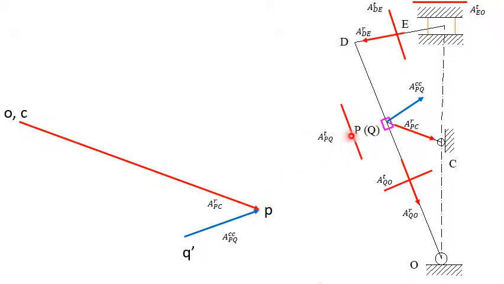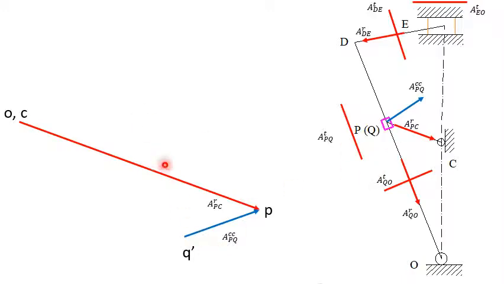So coming to the tangential acceleration of PQ. Here this tangential acceleration of PQ is tangent to the Coriolis component. Please try to understand, this tangential acceleration of PQ is perpendicular to this Coriolis component. Therefore, from this point Q dash, draw a line perpendicular to this.